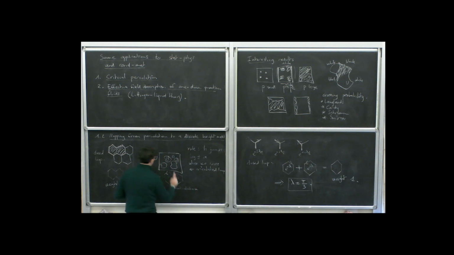Okay, so for instance, on this picture, I could decide that the height here, let's say we fix it to 0, and then every time I cross a counterclockwise loop, I increase the height by plus a, and every time I cross a clockwise loop, I decrease by some amount a. So this way here I would get plus a. Maybe here, let's say this one is oriented in the same direction, so then I would get 2a, and so on.